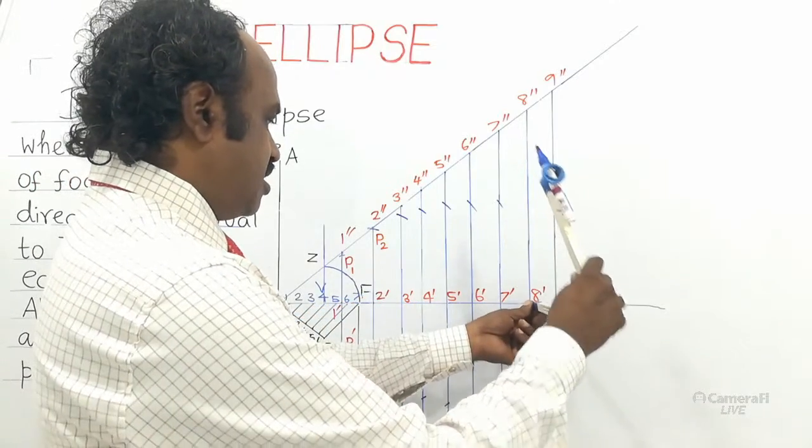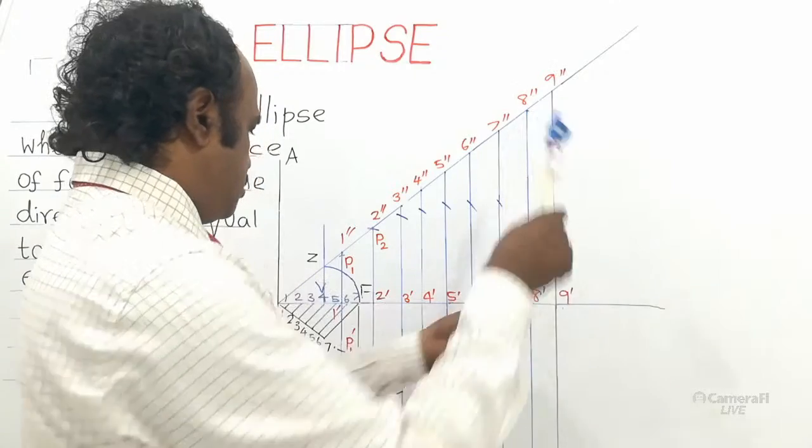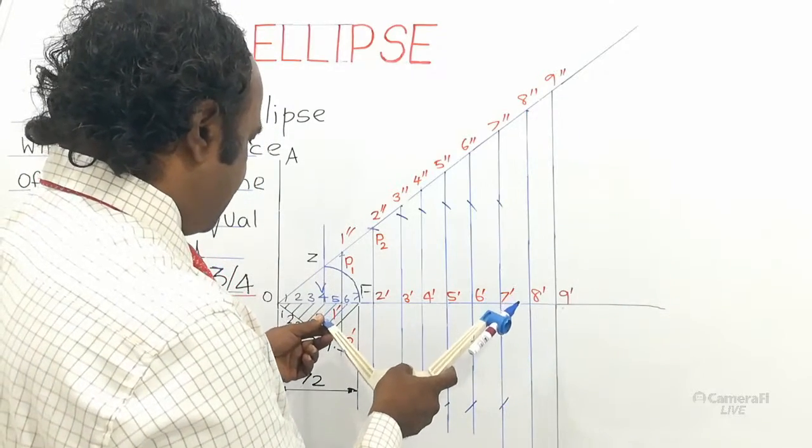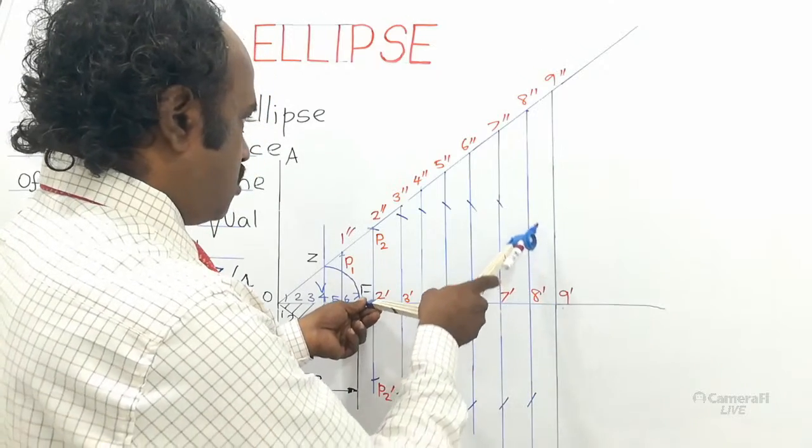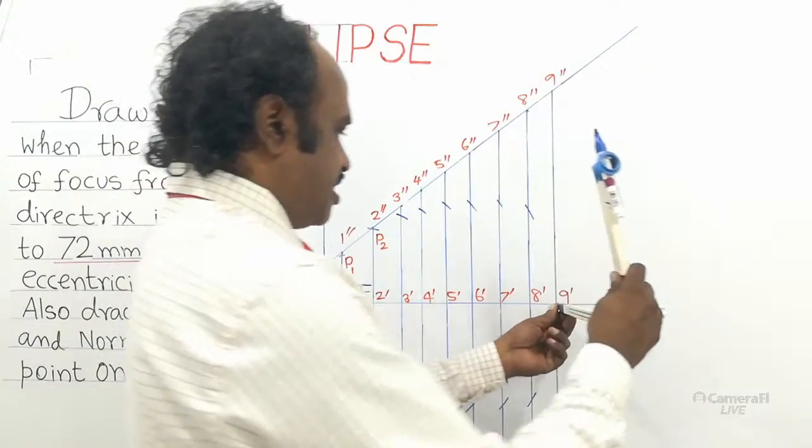Next 8 dash, 8 double dash, F as center. Next 9 dash, 9 double dash.